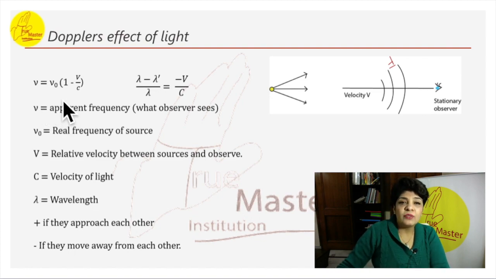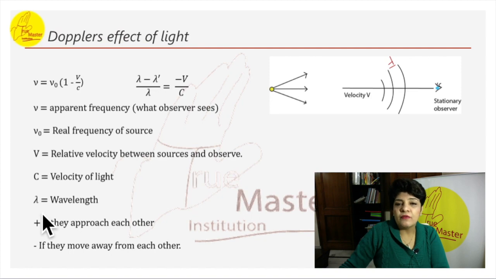So what are the values here? ν' is the apparent frequency. We are trying to calculate the apparent frequency, what the observer sees. ν is the real frequency of the source from where the light was generated. v is the relative velocity between source and observer, because both have movement, or at least one has movement. c is the velocity of light.